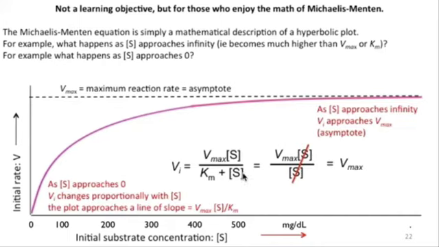And of course, substrate divided by substrate is 1, so that Vi equals Vmax. So what does that mean? The further we go out on the line, the closer we approach Vmax. This is a hyperbolic plot. I'm hoping that makes sense to you, how the Michaelis-Menten gives you this hyperbolic plot, and that the hyperbolic plot simply represents enzyme saturation with substrate.